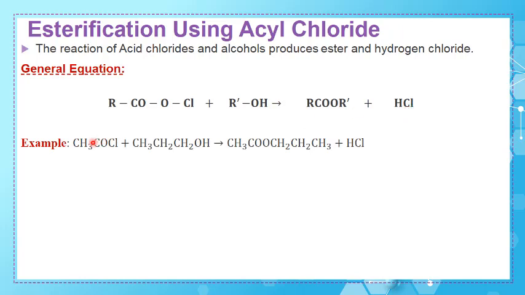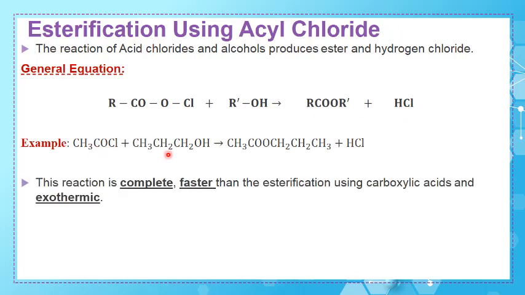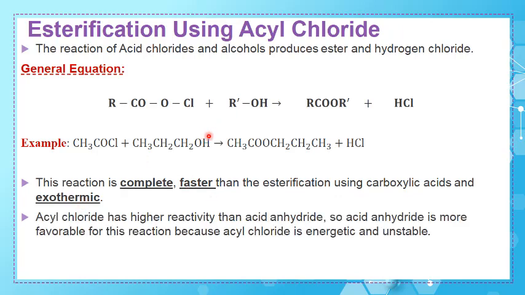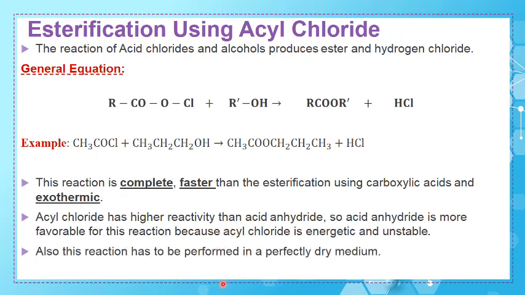This is an example, okay? Now, here also you have to pay attention that this reaction is complete, faster than the esterification using carboxylic acid, and exothermic. Again, this reaction has to be done in a perfectly dry medium to avoid the hydrolysis of acyl chloride.